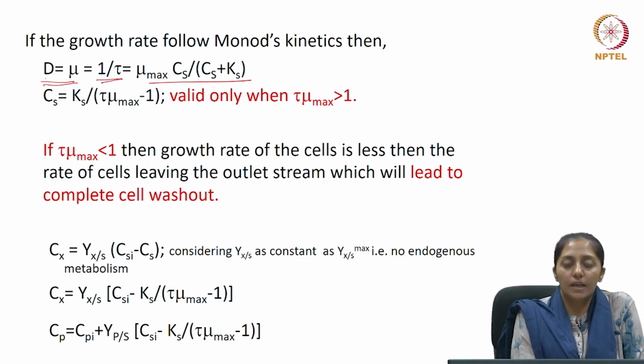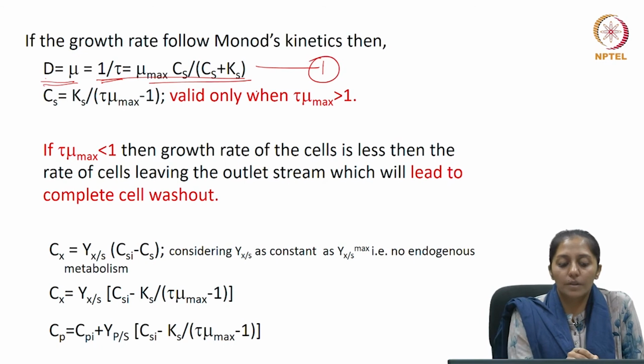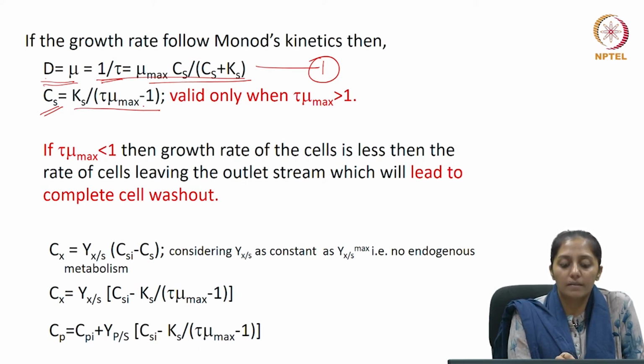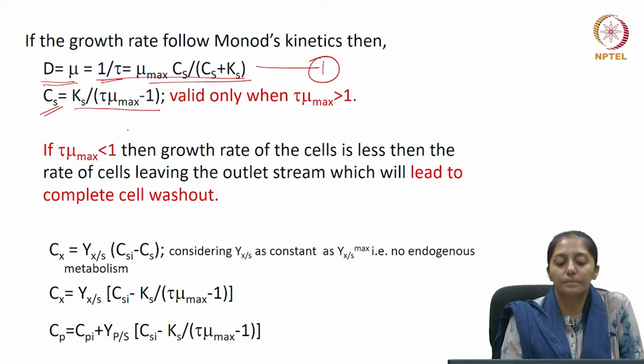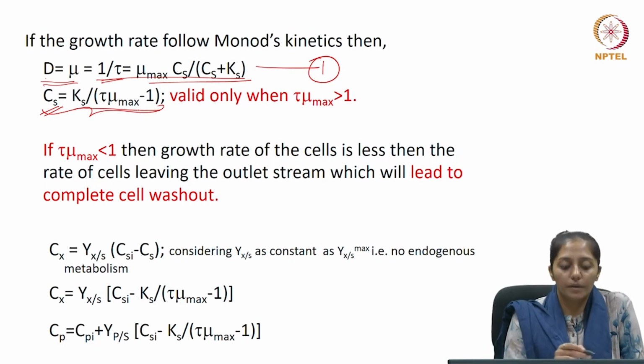Now, D is the inverse of the residence time. If you use this equation and rearrange to find how C_S is related to the residence time, you will find that it becomes equal to Ks divided by (residence time multiplied by mu max, minus 1). Now, this demonstrates what?